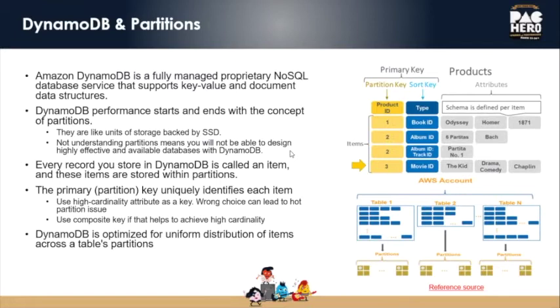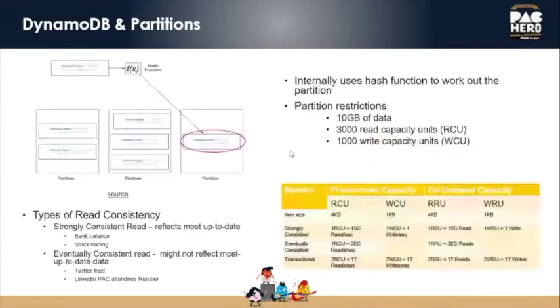Next is how DynamoDB internally adds an item or accesses an item from the partition. It uses a hash key function. You pass the partition key, in this case your primary key, into the hash function. It generates a value, and that value is mapped to your partition.